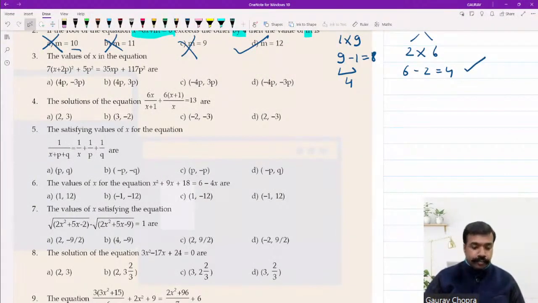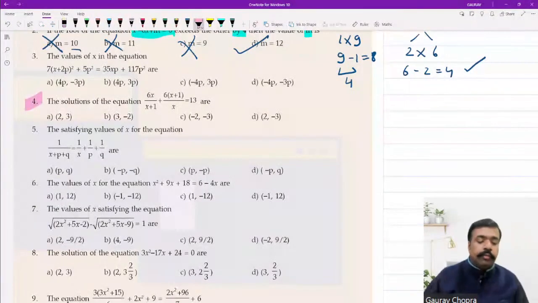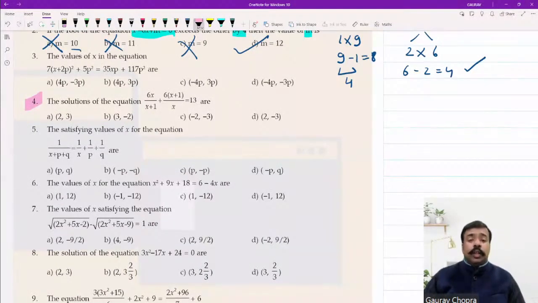All right. So now let us try with question number 4. We are trying the question number 4. The solution of the equation is equal to 13r. So this is the given equation. So again, let me substitute the value in place of x and see what results are coming.